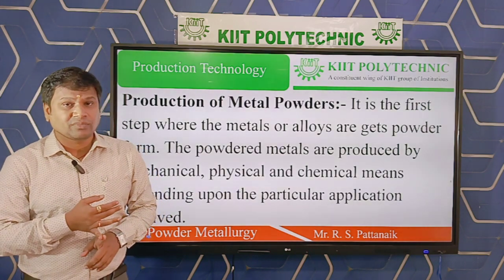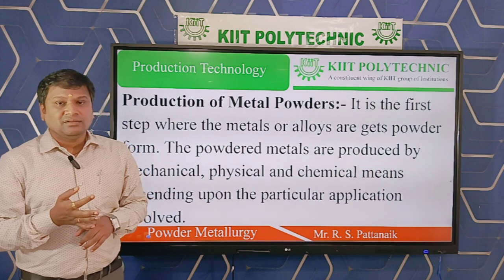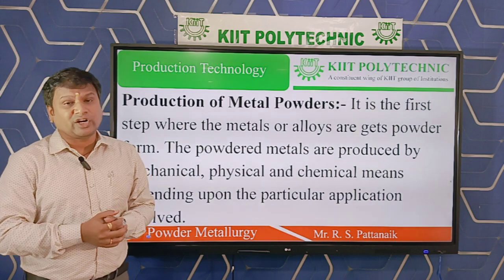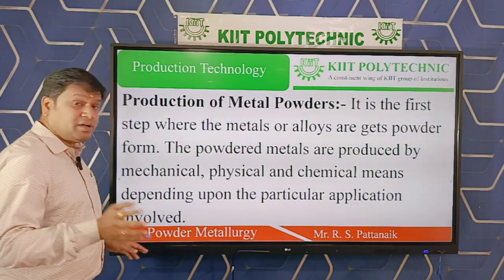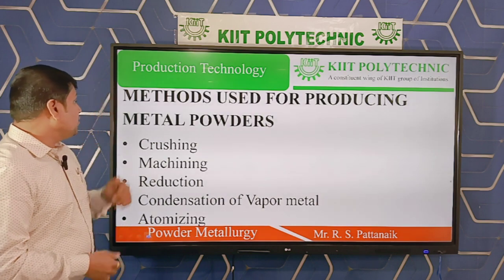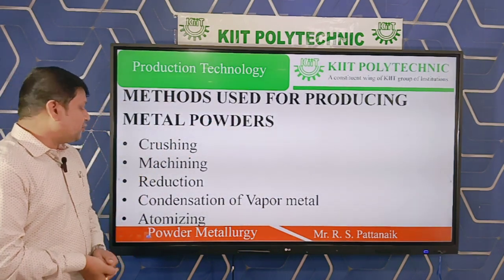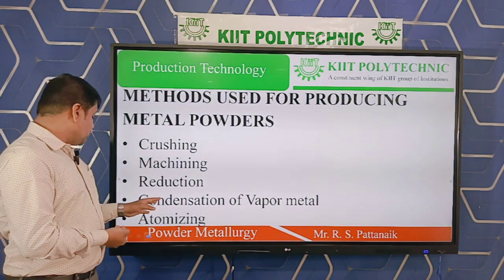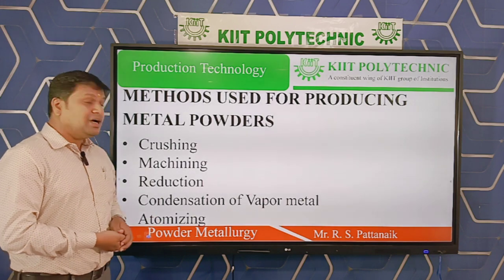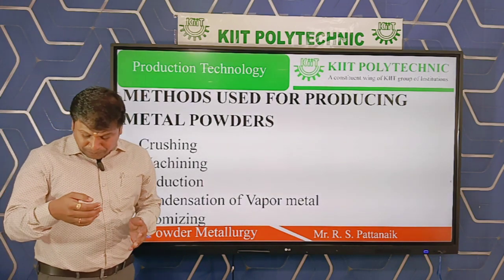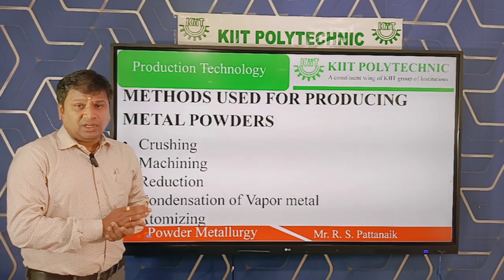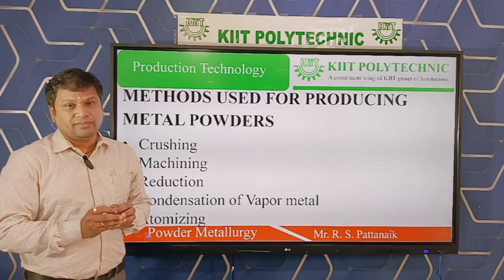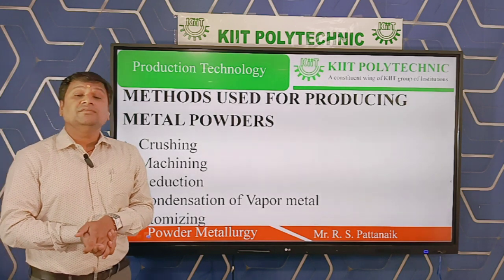The first is crushing, the second is machining, the third is reduction, the fourth is condensation of vapor metal, and the fifth is atomizing. Crushing is basically used for brittle materials.